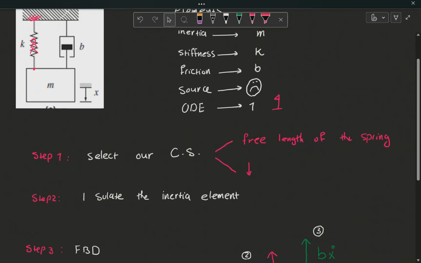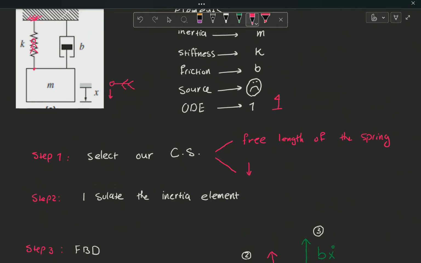So it sounds like if somebody was here looking at this system downward, and the person was at the free length of the spring, he or she was going to measure the distance of the mass from the free length of the spring. But who knows what's the free length of the spring? Probably the only person who knows is the person who bought that spring and put it in the system.